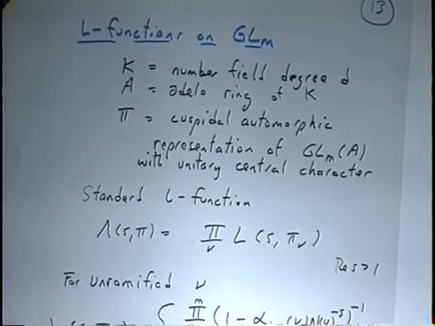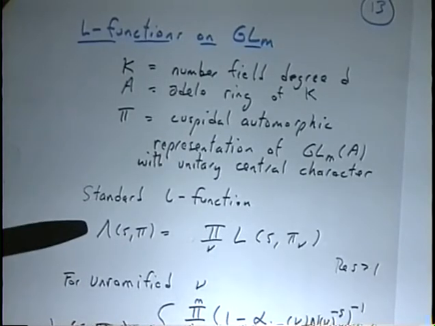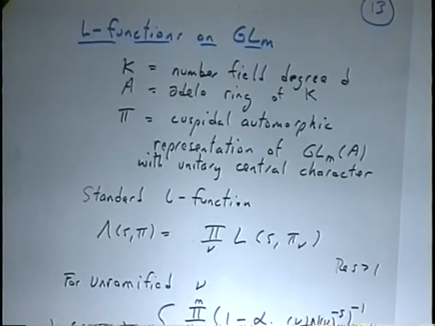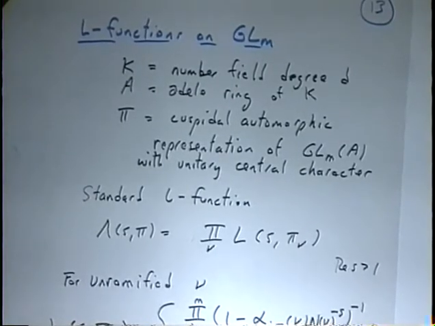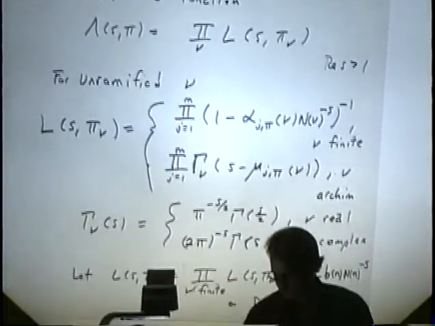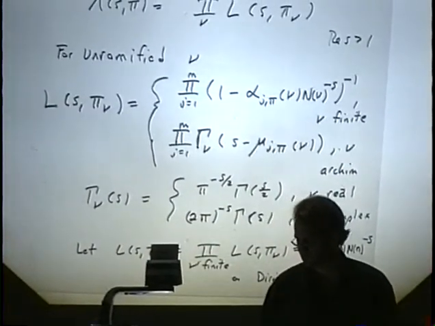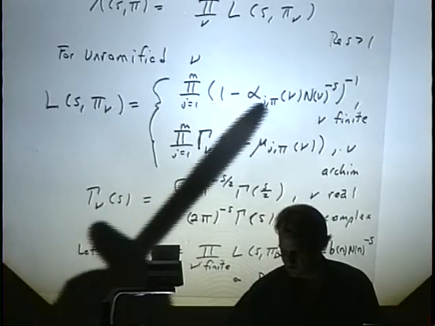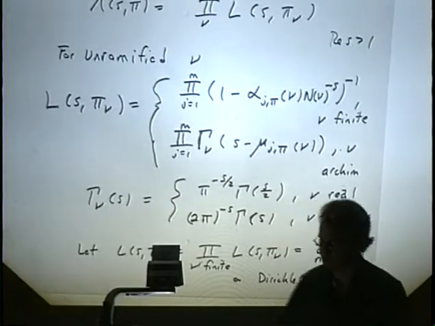So the L-functions of great interest here, of course, are the standard L-functions, which are a product of the local L-functions. So I use this lambda instead of L for the complete L-function because it's nice to distinguish the finite part from the infinite part. So for the unramified places, these are given by polynomials of degree m, the degree of the L-function, and determined by the local information of these Satake parameters, at least for unramified places.